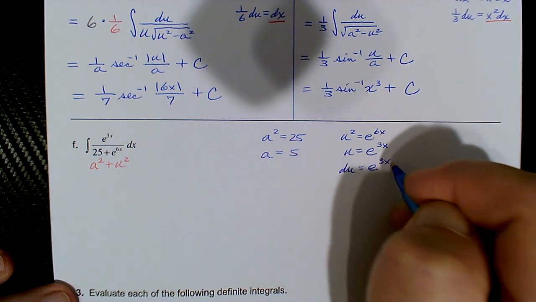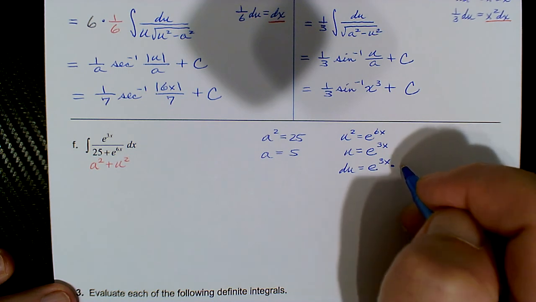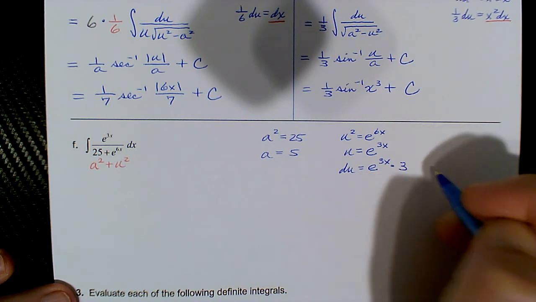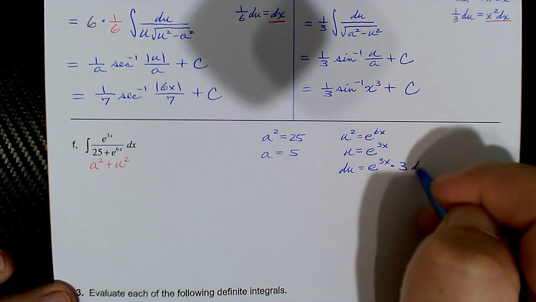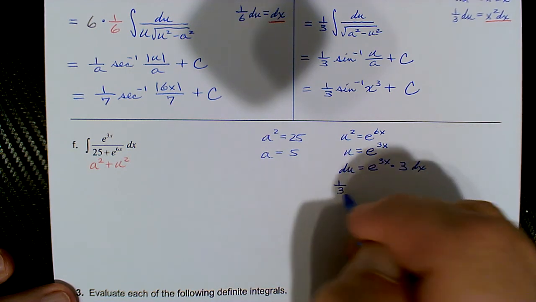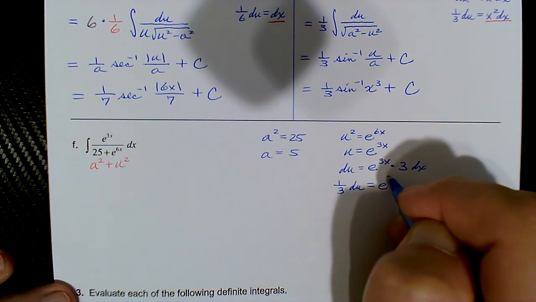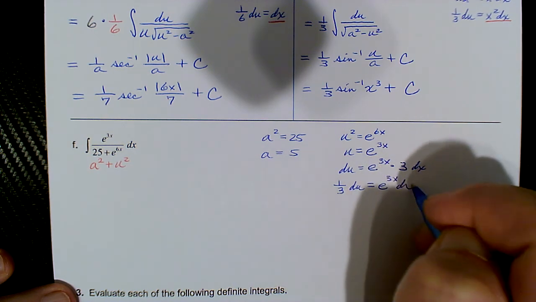Put yourself in the differentiation mode here. The derivative of e to the u is e to the u, so e to the 3x times the derivative of the power on the base of e, so times 3. Differential dx as well. And we modify by the 3, so 1/3 du is e to the 3x dx.